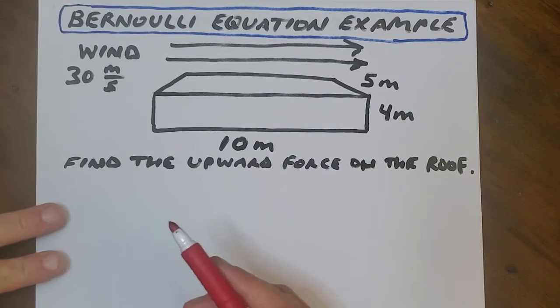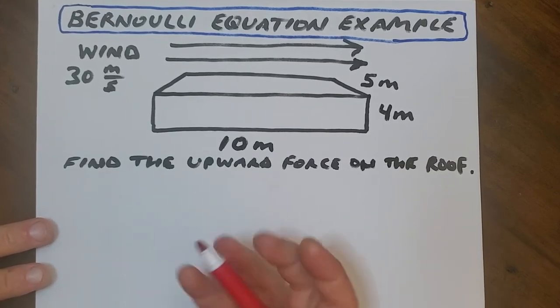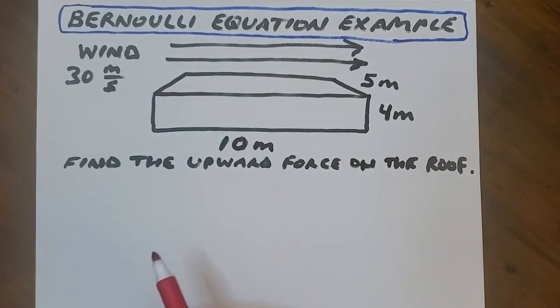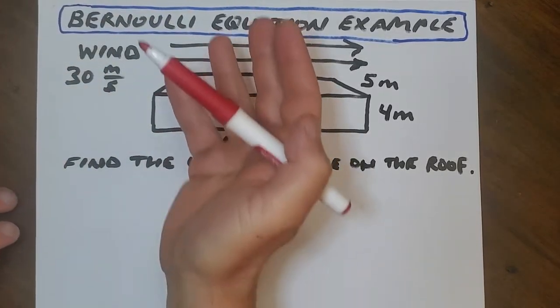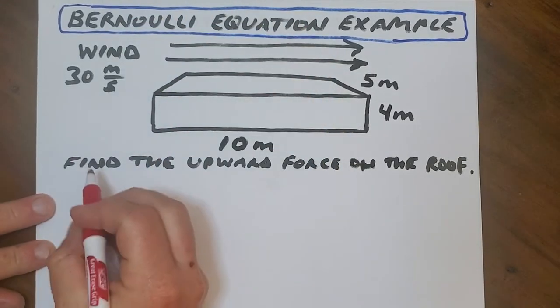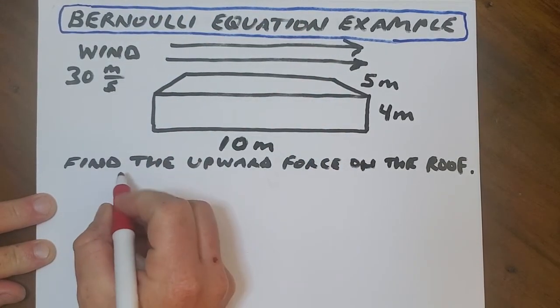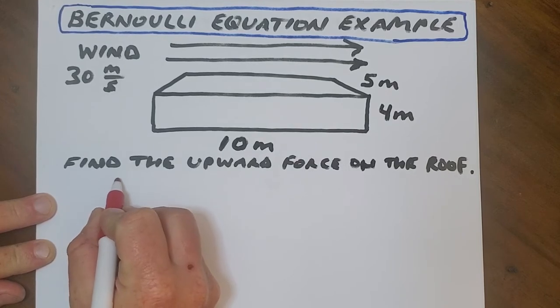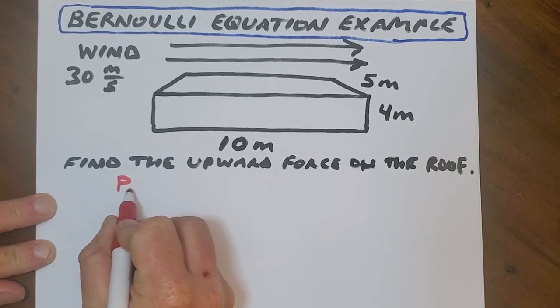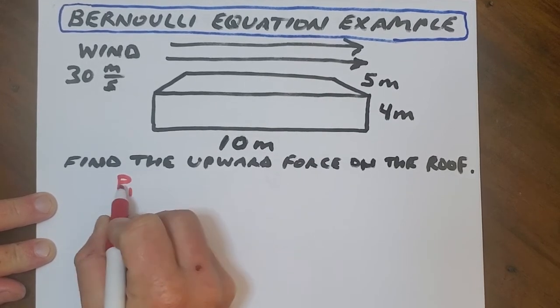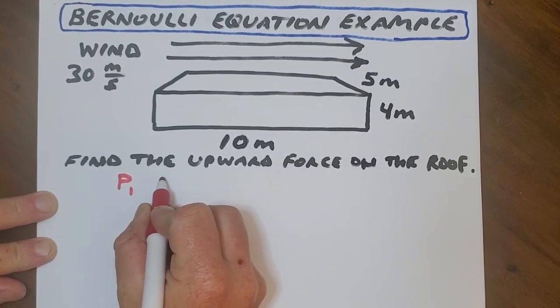Diving into this, we want to figure out how much upward force there is. What we need to do first is use this Bernoulli equation to figure out what the pressure difference is. So first we'll just write down the Bernoulli equation. If you remember, you think of two locations, location 1 and location 2.